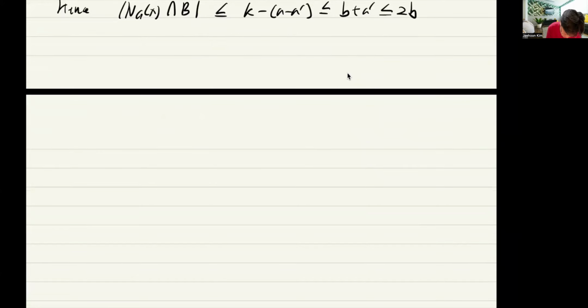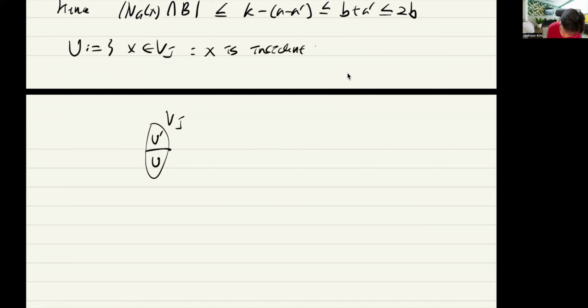Okay, now we consider this Bj, and then you partition it into U and U prime. U is the set of vertices that are incident with some solo edge, and U prime are the remaining ones.